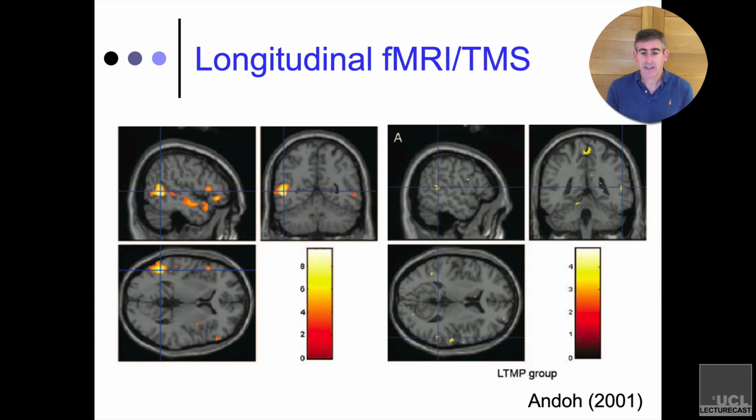What you actually need to do is build in something that won't change over time as well. So you need to look for an interaction in your design, so that you're looking at task versus rest that you're expecting to change because of your intervention, and another task versus rest that you're not expecting to change due to your intervention.